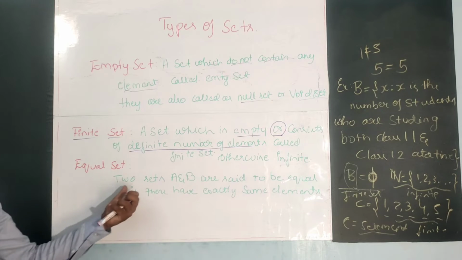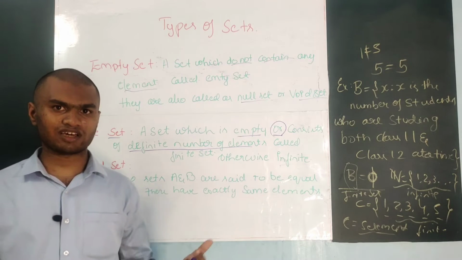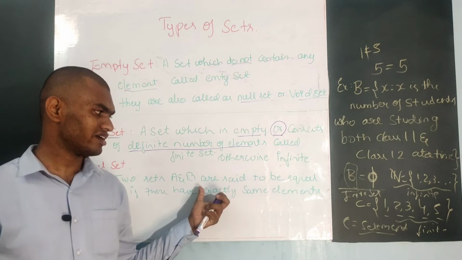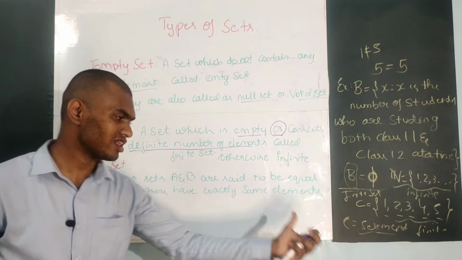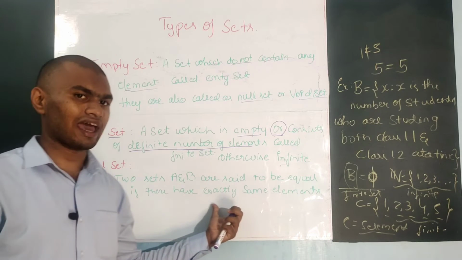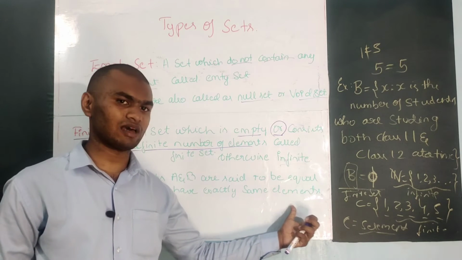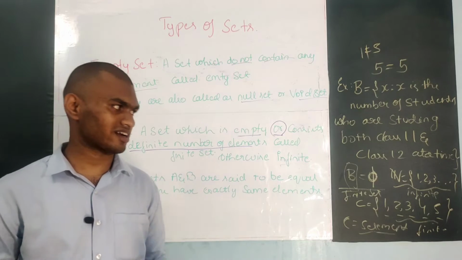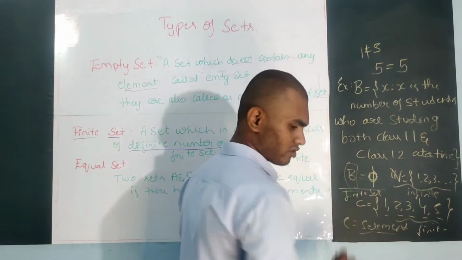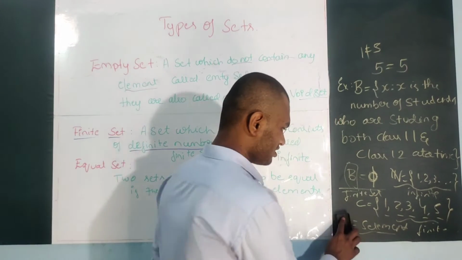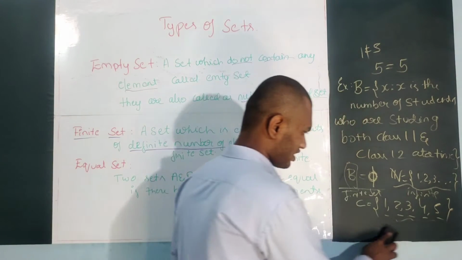In equal sets, we take two sets A and B, represented by the capital letters A and B. They are said to be equal if they have exactly the same elements. Suppose I have taken C equal to 1, 2, 3, 4, 5.